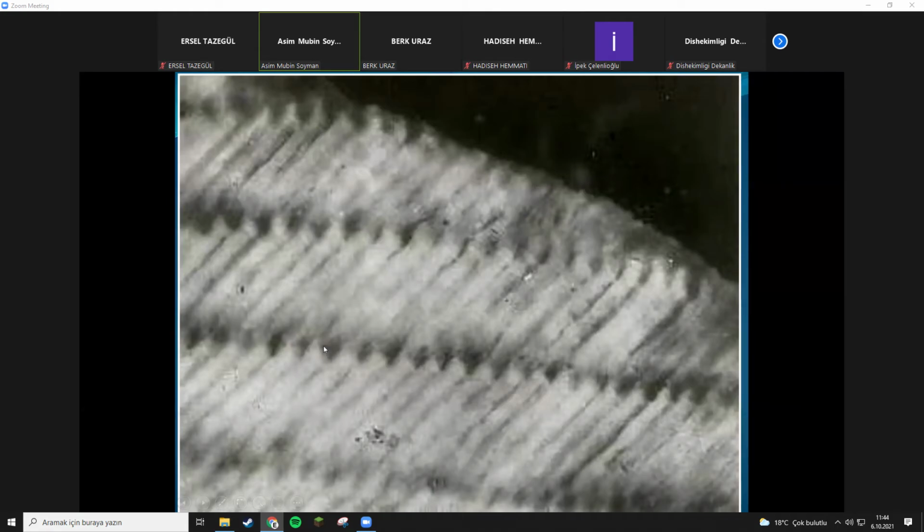And at the end, upon this area lacking organic matrix, the calcification of the inorganic material will be poor. So in this line, these are the regions where the calcification cannot occur very well.